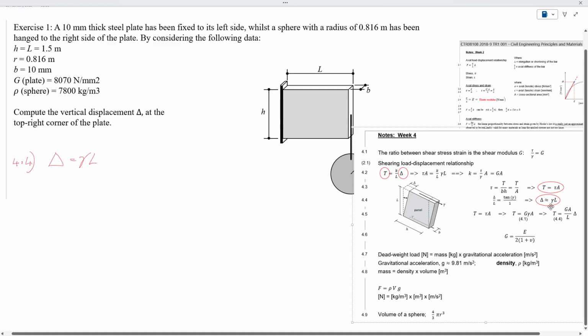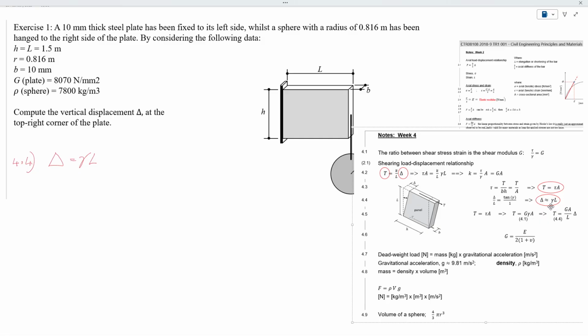Okay, so I'm going to just write down that. Obviously I know what L is, but I don't know this yet. So I'm going to write that down. I'm going to find an equation that I get that from. Well, I know I can get it from this silly triangle thing that I always draw.